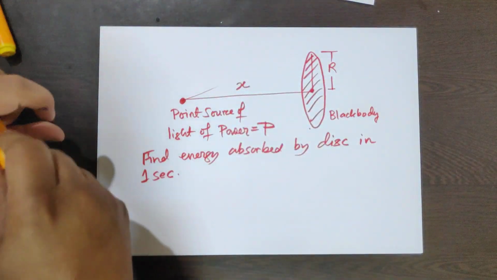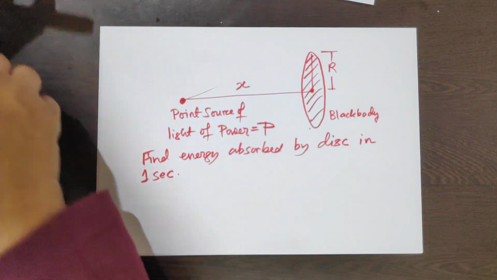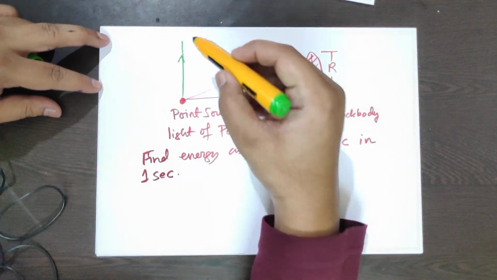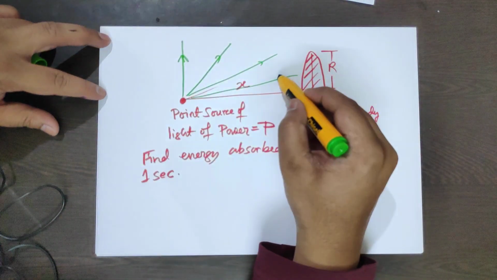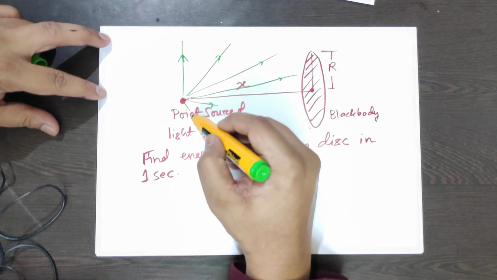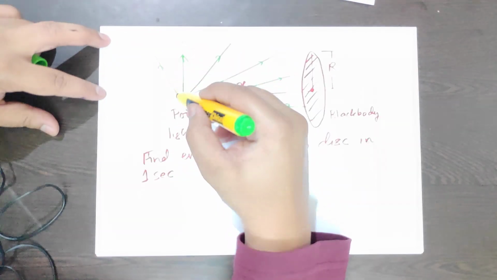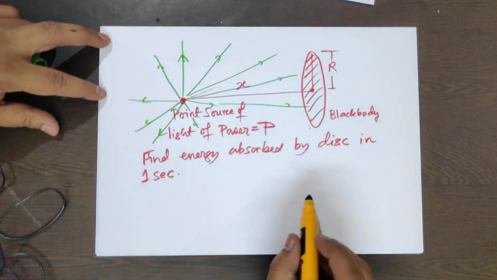If you see this, the light energy from the point source will go equally in all directions, right? And some portion of it will be absorbed by the disk kept at a distance x.